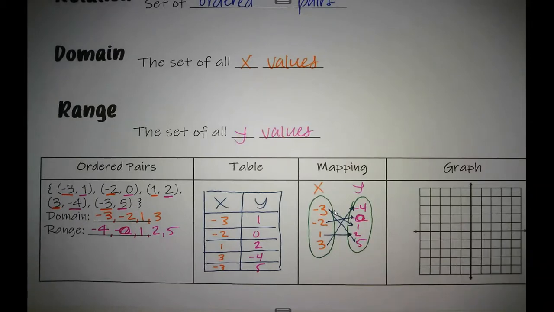All right, and then on the graph, we can graph these points. Remember, we look at the x value and move along the x-axis first, and then look at the y value and move along. Remember that this right here is our origin at 0, 0. So let's look at this first one.